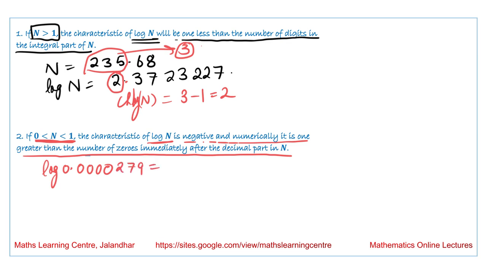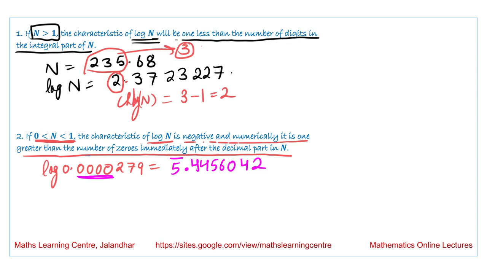The answer we will have is 5 bar point 4456042. So we are saying there are 4 zeros immediately after the decimal.